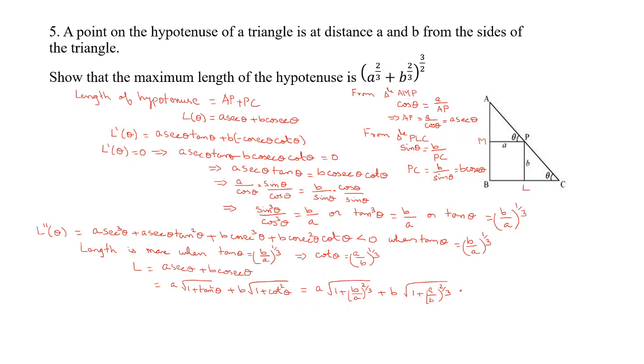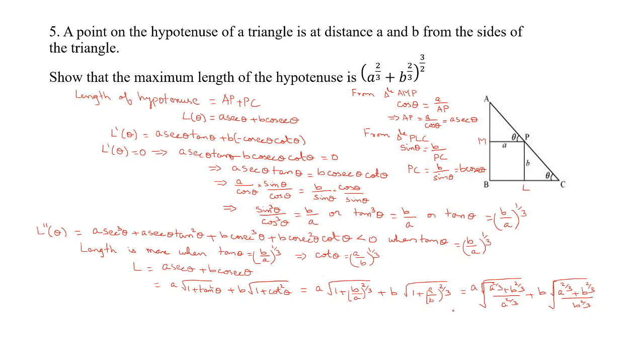If we simplify, it will become a square root of a to the power 2 by 3 plus b to the power 2 by 3, divided by a to the power 2 by 3, plus b into square root of a to the power 2 by 3 plus b to the power 2 by 3, divided by b to the power 2 by 3. So there is an under root here, and here also an under root. Now a to the power 2 by 3, when it comes outside the root, will become a to the power 1 by 3.